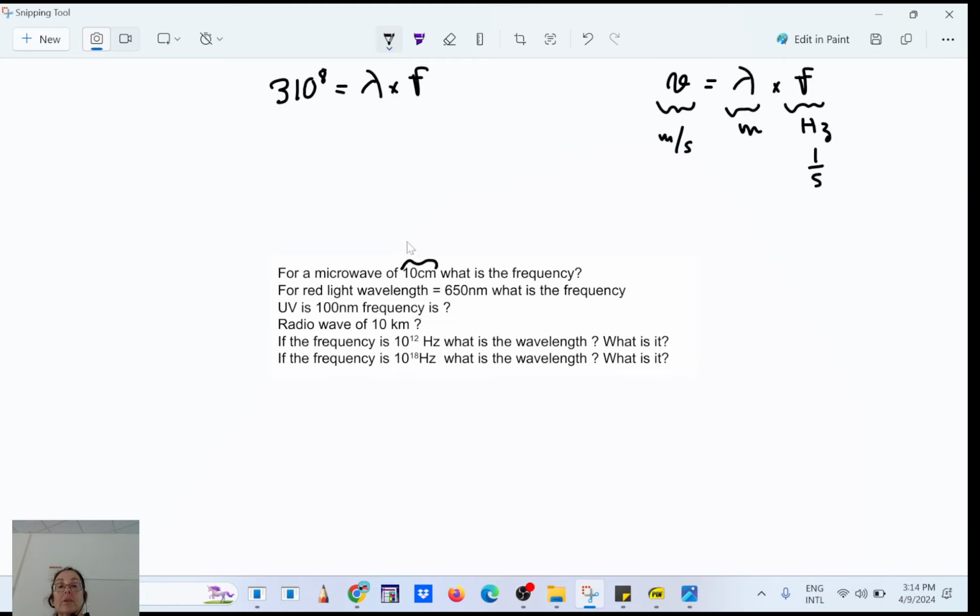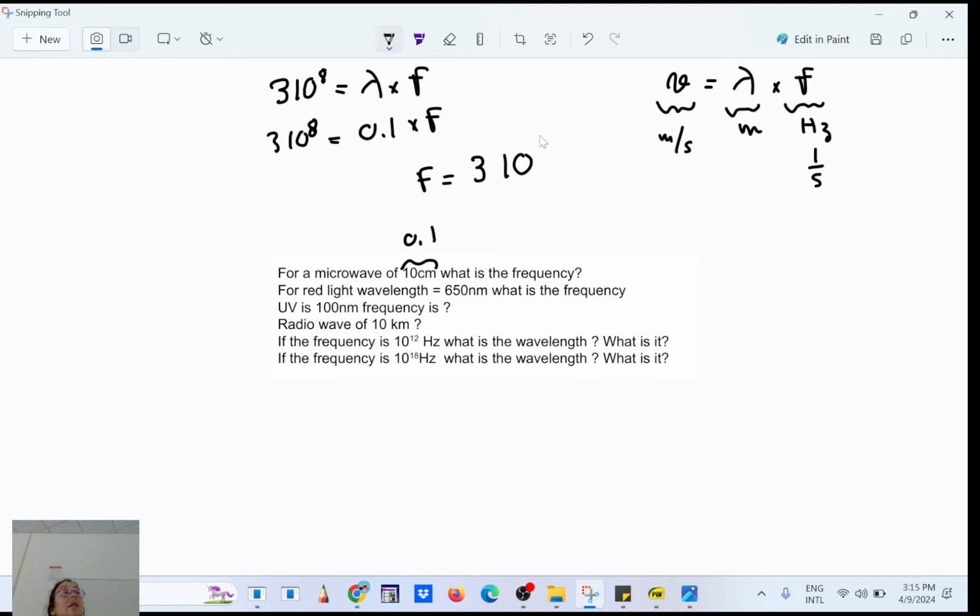And you have to convert here 0.1. So you have 3 times 10 to the 8 equals 0.1 times the frequency. So the frequency is going to be equal to, you divide by 0.1, it's like you multiply by 10.